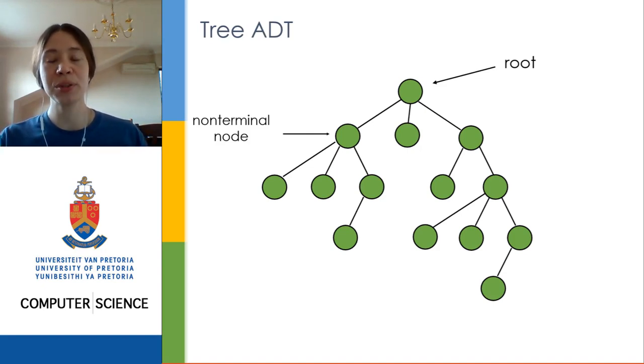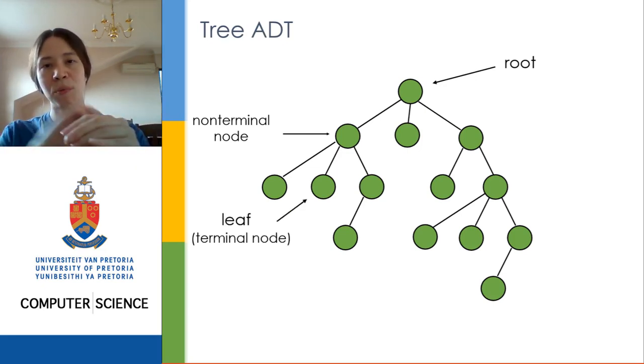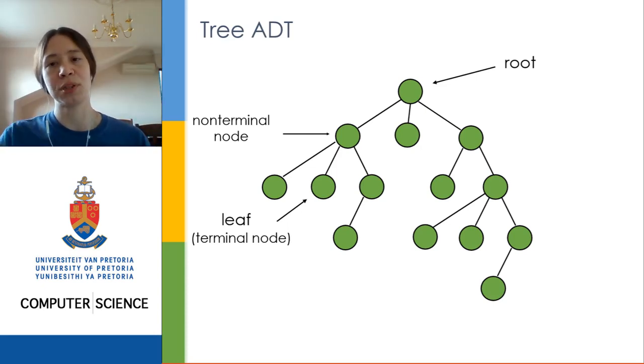We have nodes in the tree, so every single element of the tree we will refer to as stored inside of a node of the tree. Nodes can be terminal or non-terminal. A non-terminal node is a node that is somewhere along the path, but not at the very bottom of the tree. But if you follow some path from the root and you reach the end of a particular branch, that node would be referred to as a terminal node.